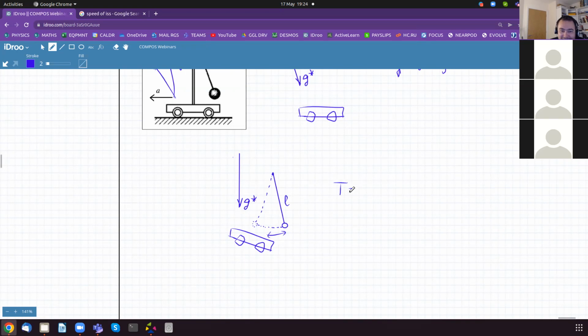So we can write down the time period. The time period is 2 pi square root of L over g, the new g.